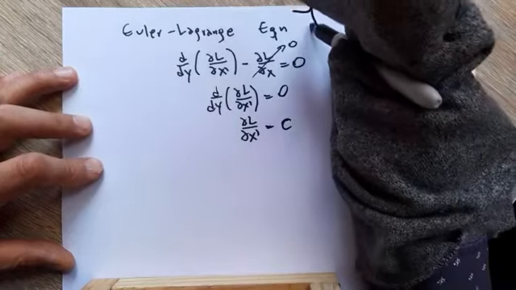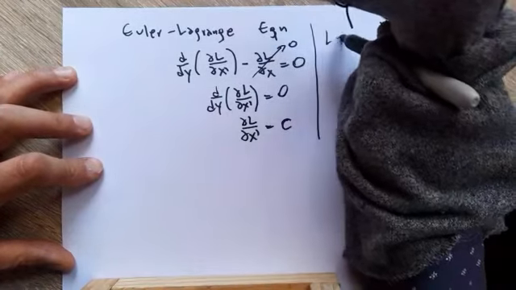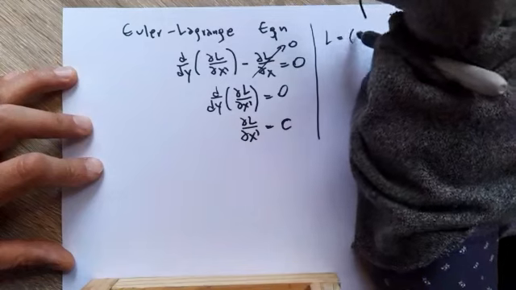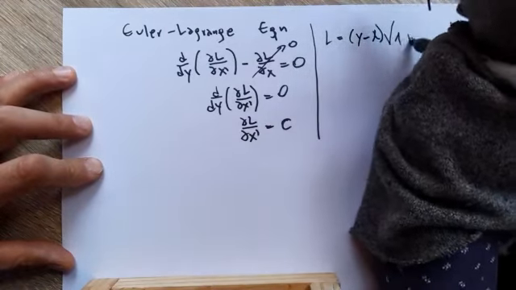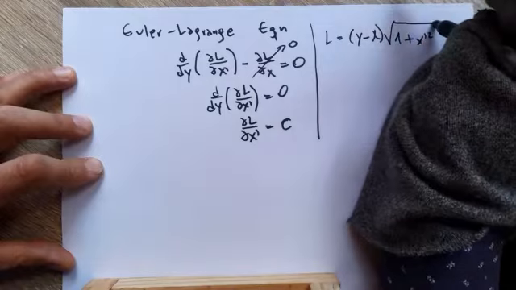Now we will remember the expression for L equals y minus lambda, the Lagrange multiplier, times the square root of 1 plus x prime square.